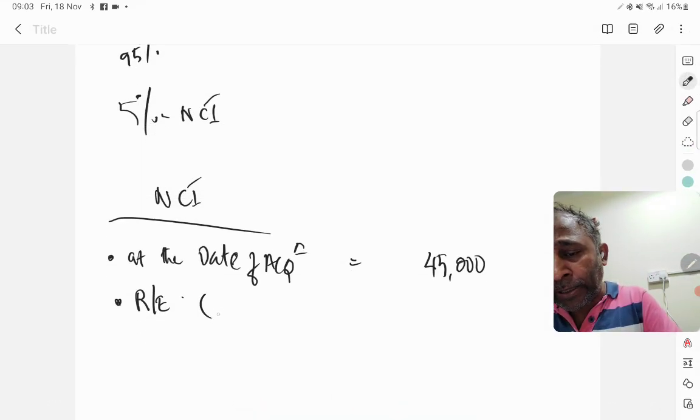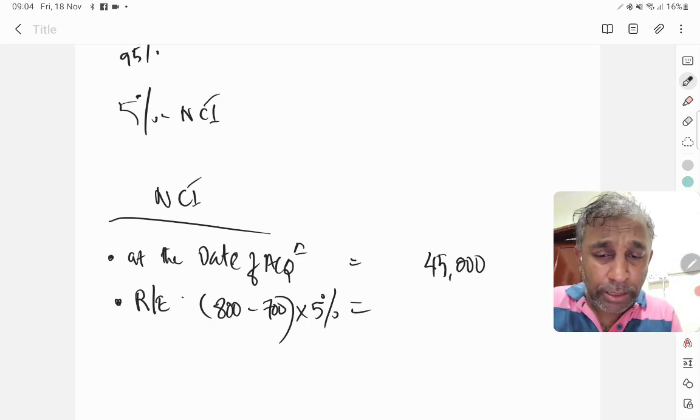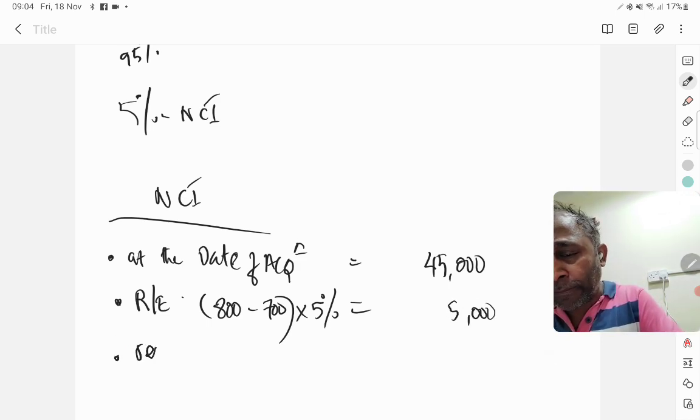So we need to find out the post-acquisition retained earnings, 800 minus 700 into 5%. So 800 minus 700 is 100, 5% of that is 5,000. And then we have revaluation surplus.